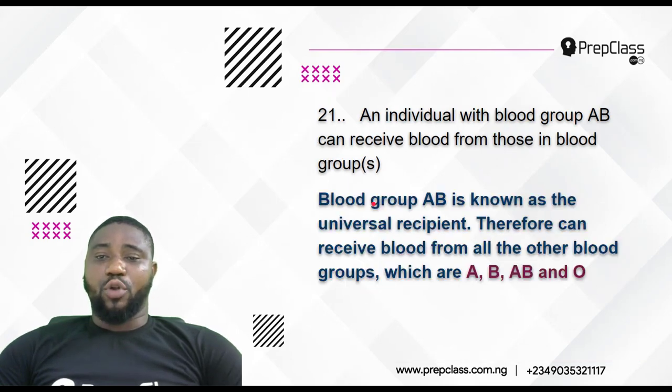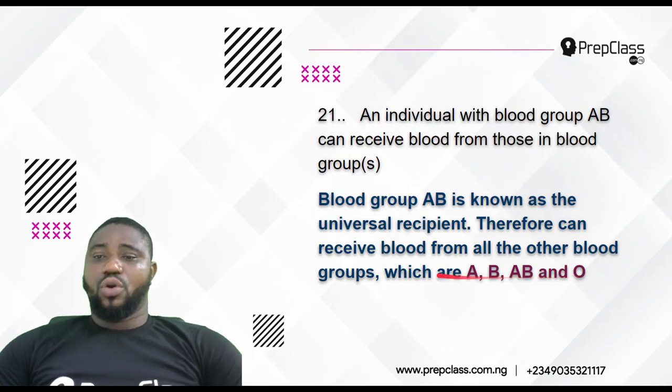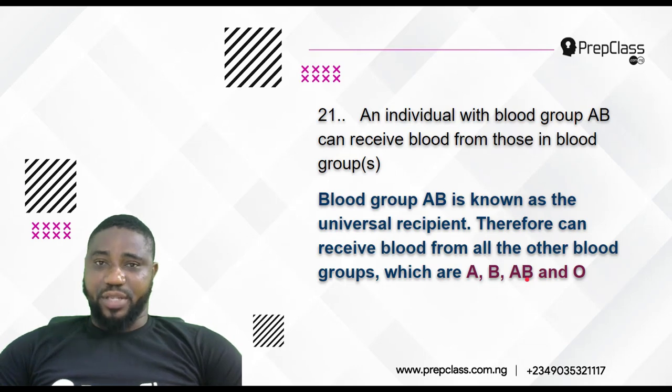Now, blood group AB is known as the universal recipient. Therefore, it can receive blood from all the other blood groups, which are A, B, AB, and O. We have 4 common types of blood group: A, B, AB, O. Blood group AB is the universal recipient.